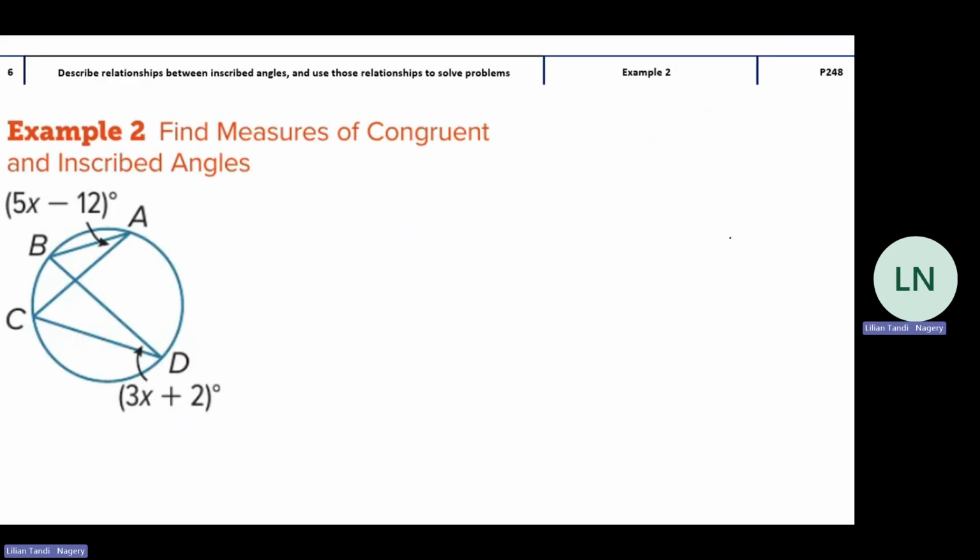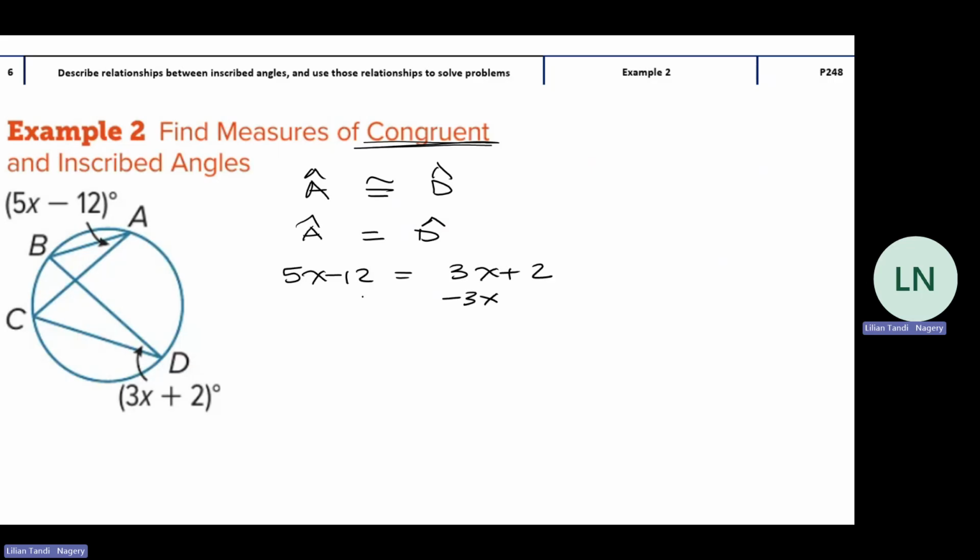Okay, now this question is asking us to find the measure of the inscribed angles. Okay, and inscribed angles must be congruent. Question told you. So angle A is congruent to angle D. Angle A is equal to angle D. That means 5x minus 12 is equal to 3x plus 2.